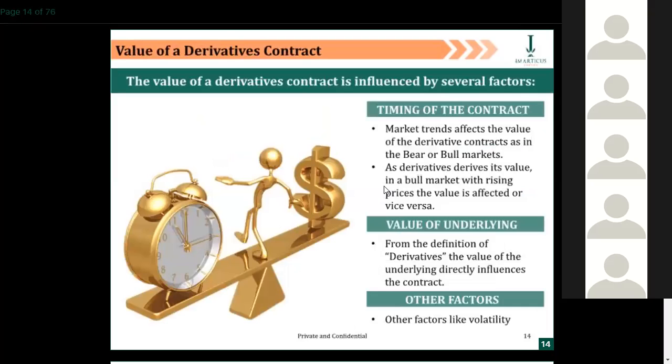Value of a contract we have largely done. The value of a derivative contract is influenced by several factors. Market trends affect the value of derivative markets. The market phenomenon is the one which is driving the value. Other than that, we discussed the risk-free rate plus your cost of carry for pricing the derivative.